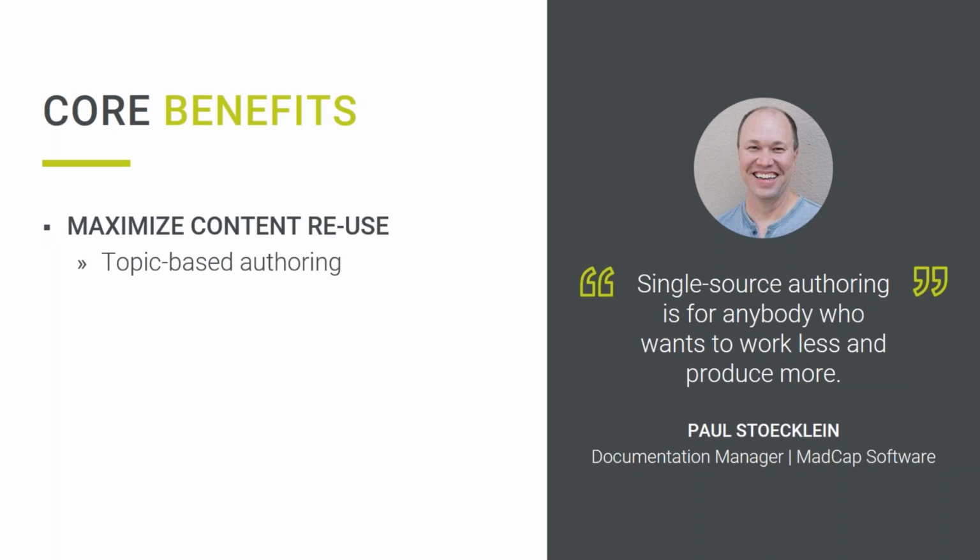And then getting down to the really micro level, maybe we're documenting a software product, and in 300 places, the phrase "from the File menu, choose Save" shows up. Well, we can type that phrase one time and add it by reference everywhere we need it. So when I say maximize content reuse, that can be content reuse down at the word level all the way up to recycling and reusing an entire chapter.